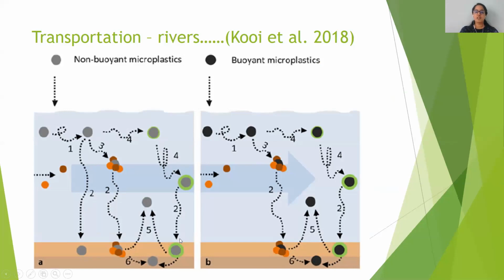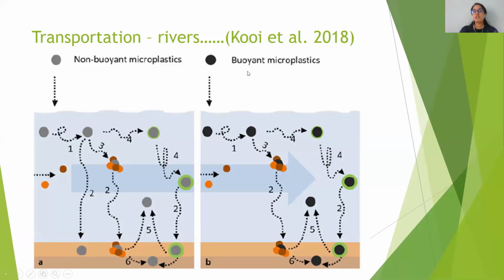And then number five is resuspension, and number six is burial. So it can be embedded into the sands in the river systems, but again, it can resurface and then undergo that process again.